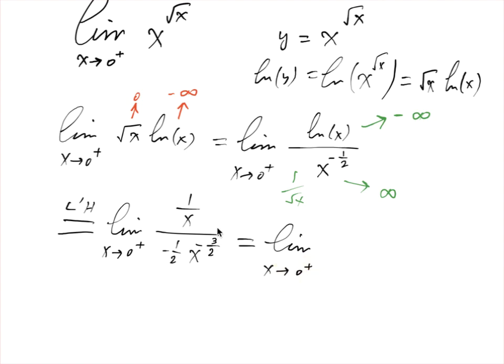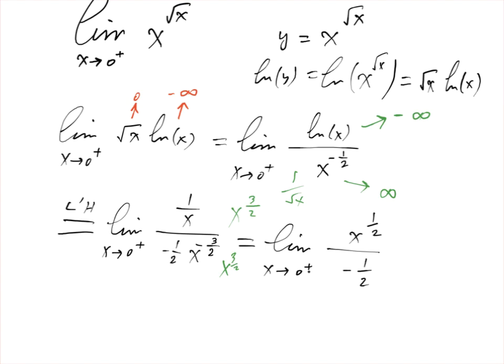If you multiply both numerator and denominator by x to the 3/2, what do we get? x to the 3/2 divided by x is x to the 1/2. x to the 3/2 times x to the minus 3/2 would be just 1, and there is a minus half in front, and this is what we get.